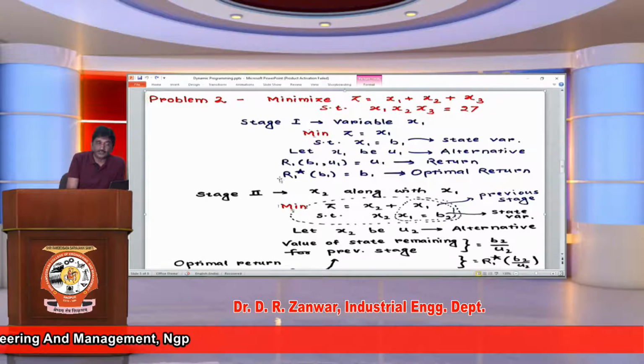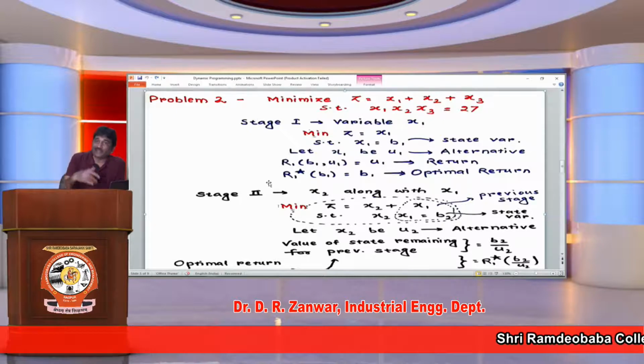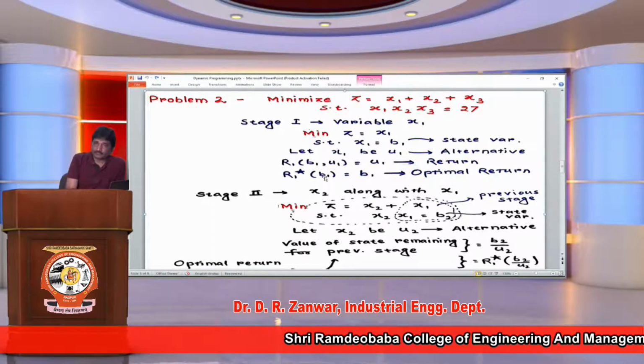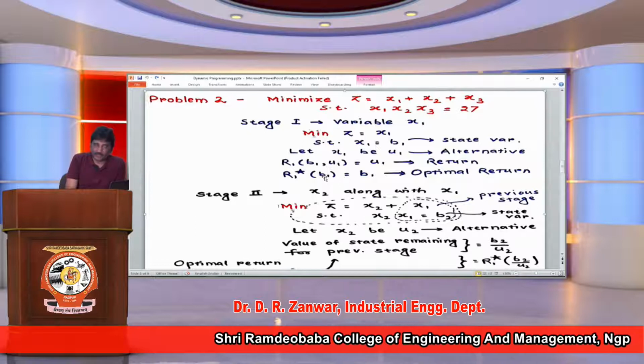Then you need to find the optimal return, and that is the function of b1 only. This optimal return will be called by the next stage, r1 as a function of b1.